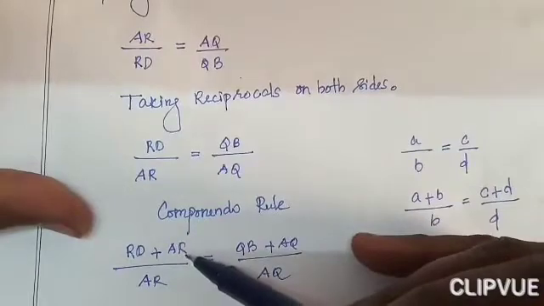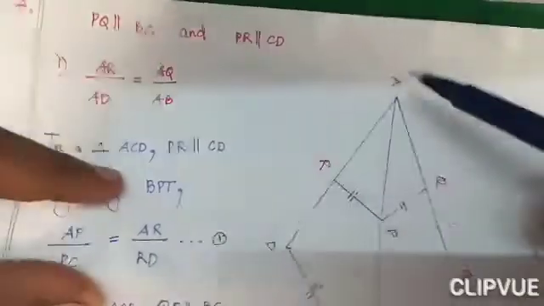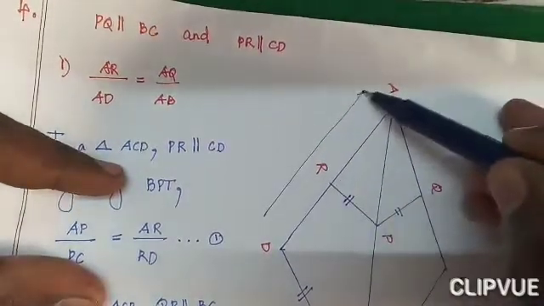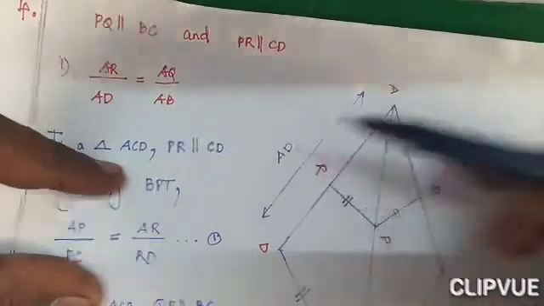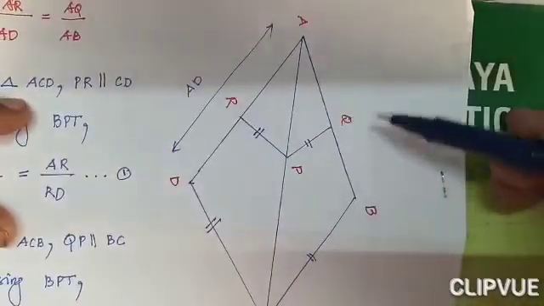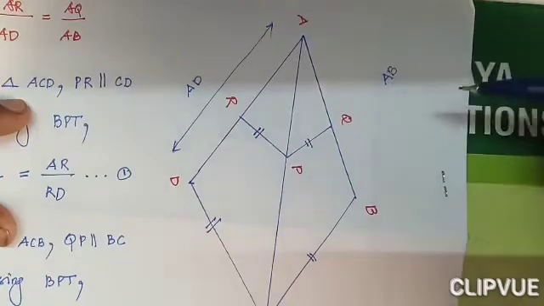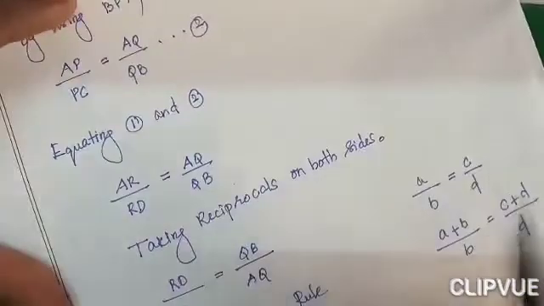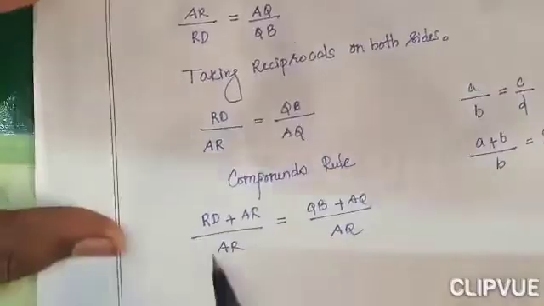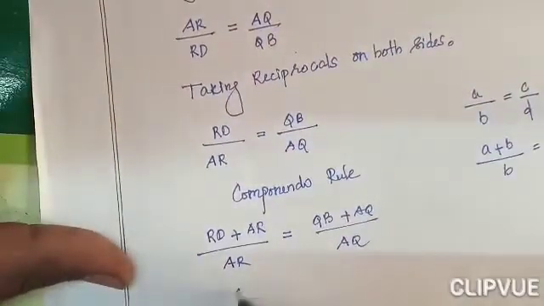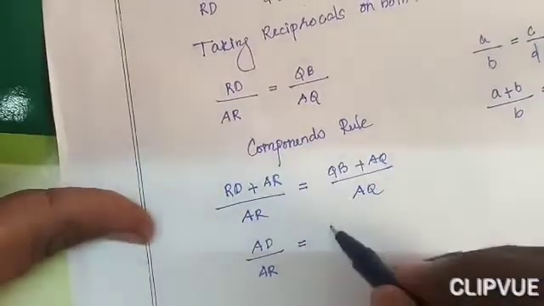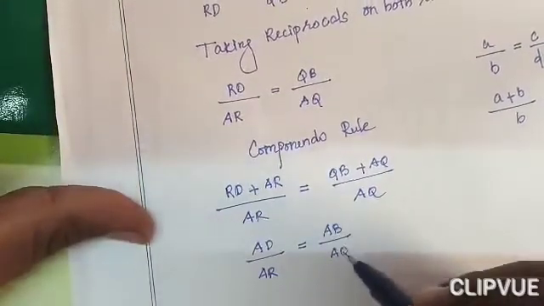Okay. So what is RD plus AR? RD plus AR is equal to AR plus RD equal to the total length, that is AD. Similarly, AQ plus QB equal to AB. So RD plus AR equal to AD by AR equal to AB by AQ.